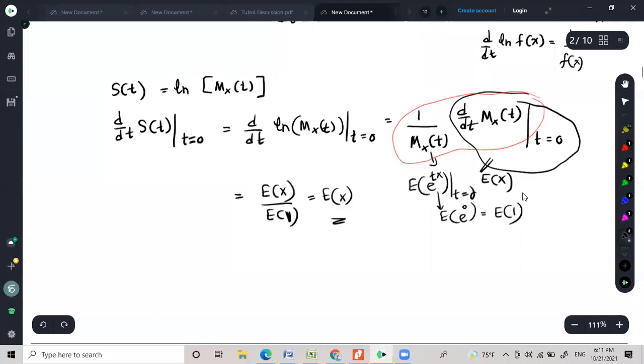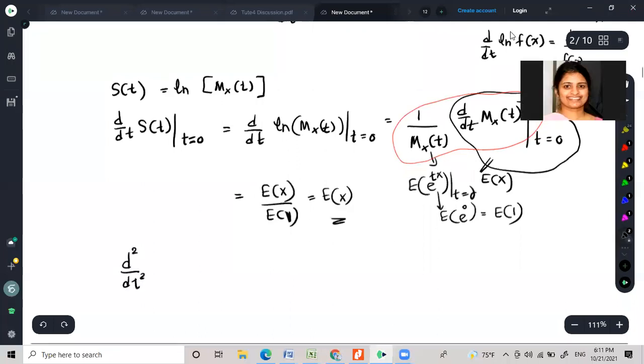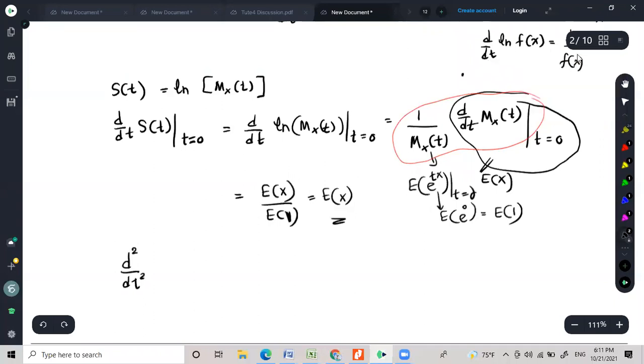So we take the second derivative of S(t). We want to take d over dt of the answer of the first derivative.